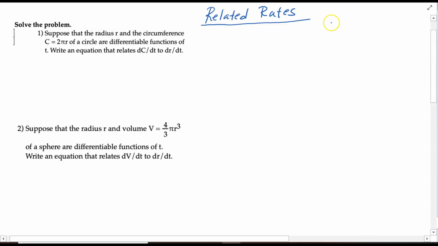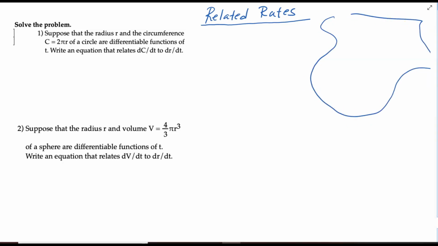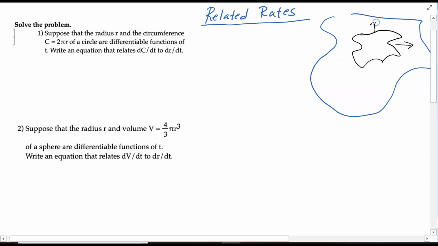And so let's say this is the Gulf of Mexico, and the oil slick is just expanding. Okay, it's expanding in all directions. Well, there's different things that you can analyze from this, the rate at which it's expanding and stuff like that. But that right there involves calculus, and that involves this concept here of related rates.